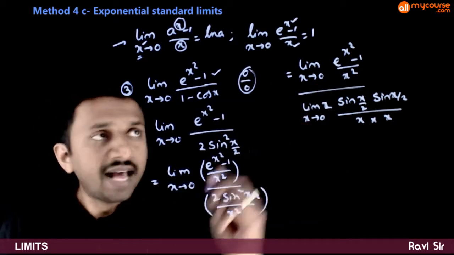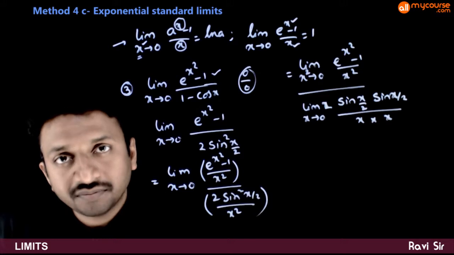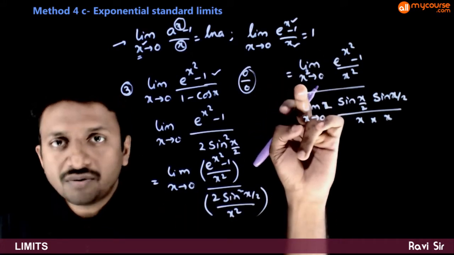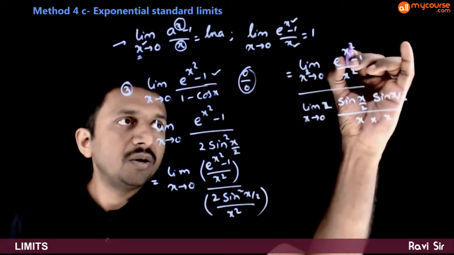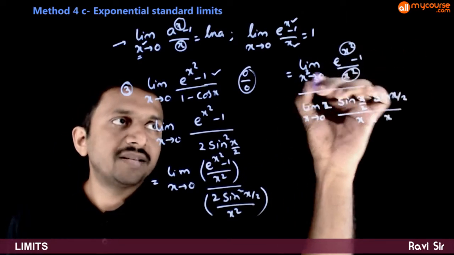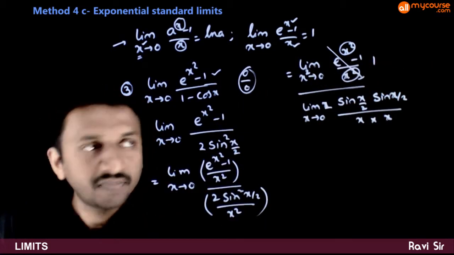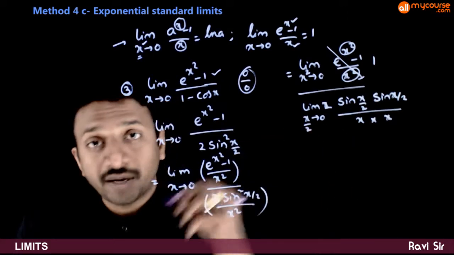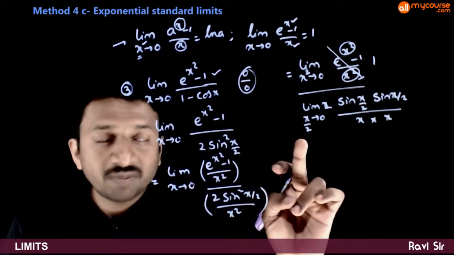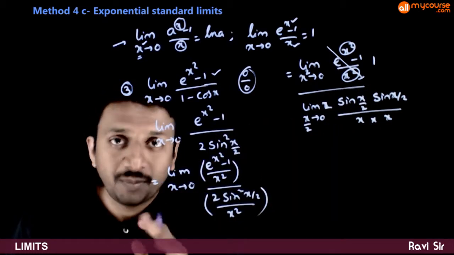Now in the numerator, as x tends to 0, x square also tends to 0, so (e^(x^2) - 1)/x^2, this whole limit will become equal to 1. In the denominator, as x tends to 0, x/2 also tends to 0, so sin(x/2)/(x/2) should be there so that it becomes 1.